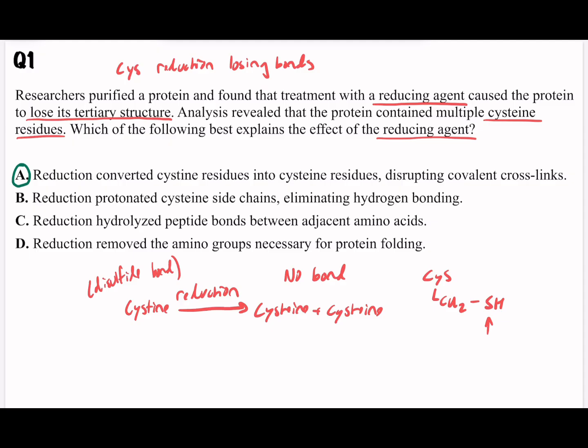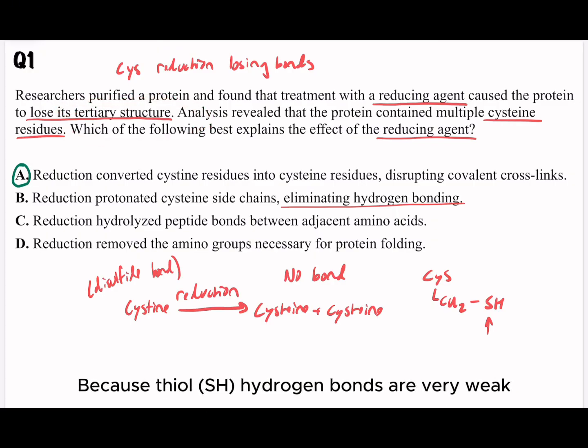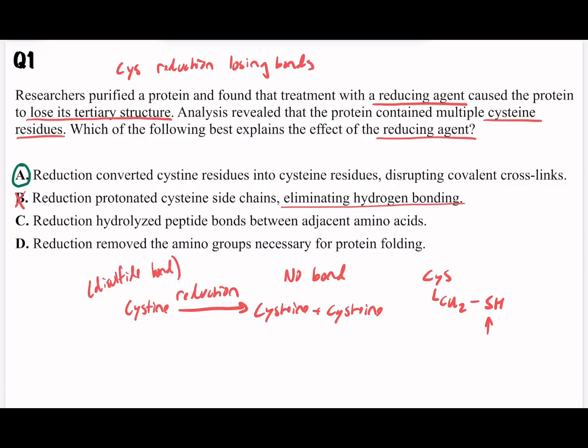And so they're not as significant for protein tertiary structure or even quaternary structure as are the disulfide bonds. So while the answer choice says reduction protonated cysteine side chains, eliminating hydrogen bonding, it's really this part that doesn't make sense. Whether the hydrogen bonding is there or not, that's really not going to affect the tertiary structure of the protein. And so I'm going to say that this answer is not going to be the correct one.